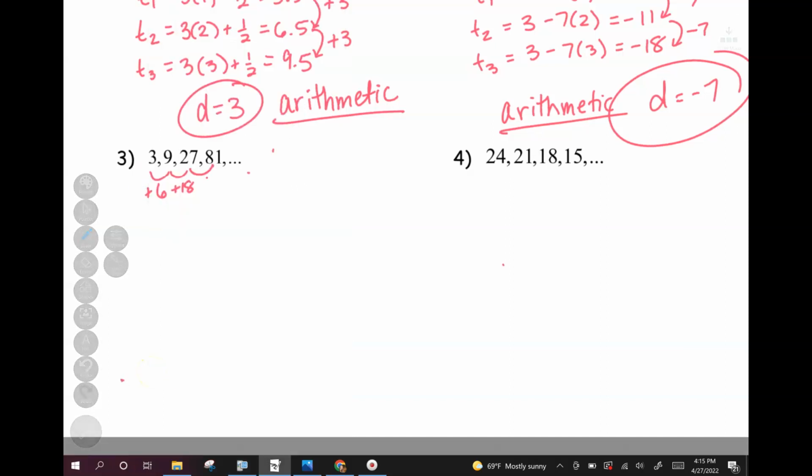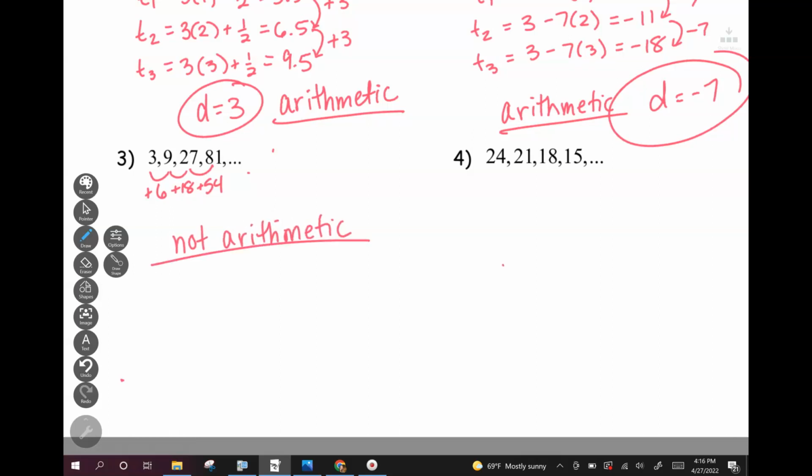And then if you keep going, it gets even worse. That's 54. So it looks like there's not a common difference, so this is not even arithmetic. So you can't get the d because this is not even arithmetic to begin with.